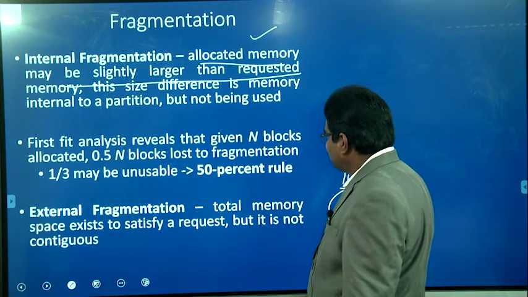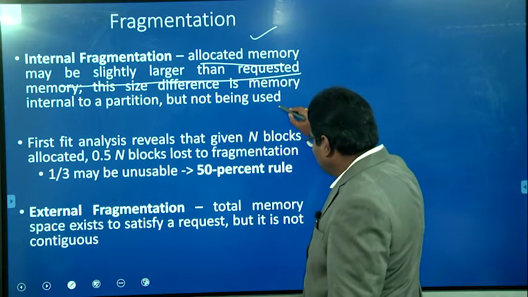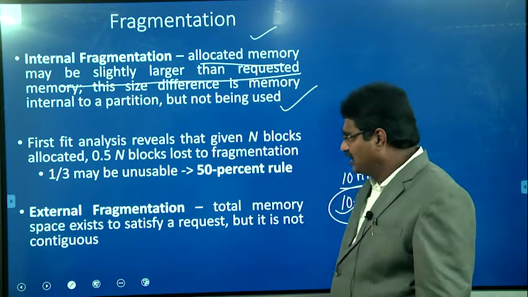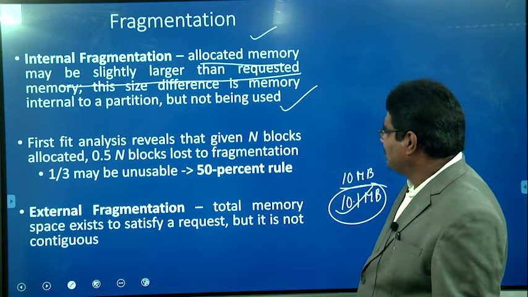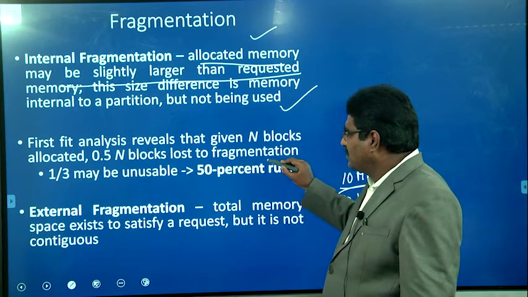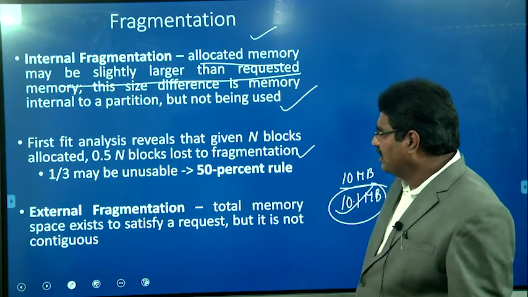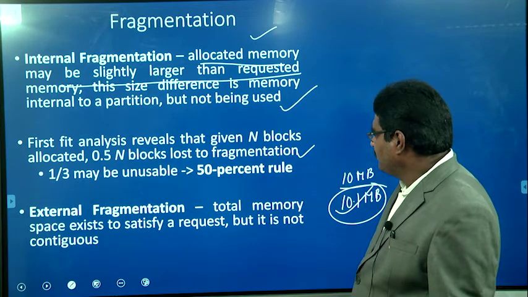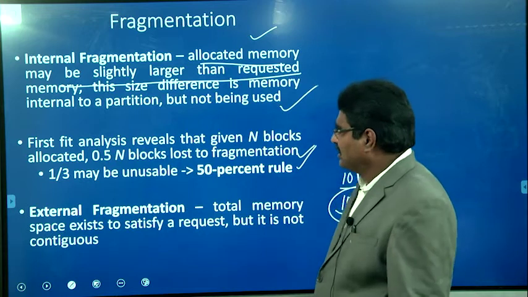This size difference is memory internal to a partition but not being used. Example: first fit analysis reveals that given n blocks allocated, 0.5 n blocks are lost to fragmentation. One third may be unusable, the 50% rule. So that is internal fragmentation.